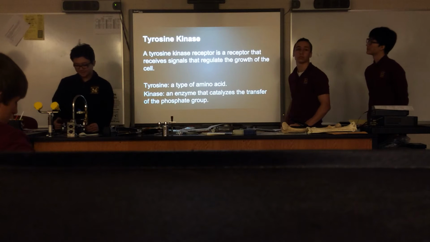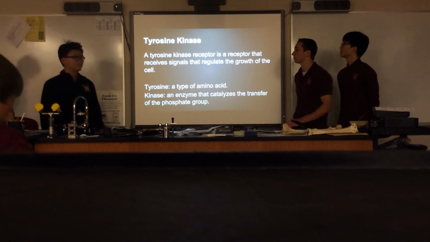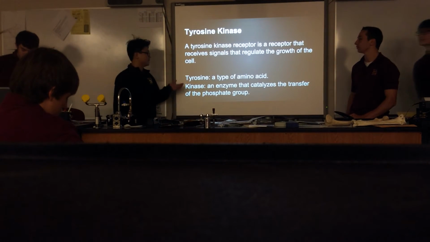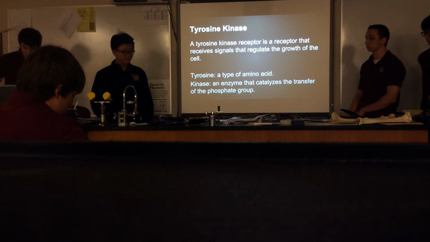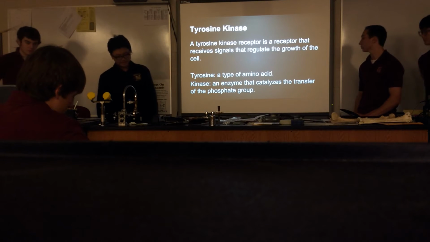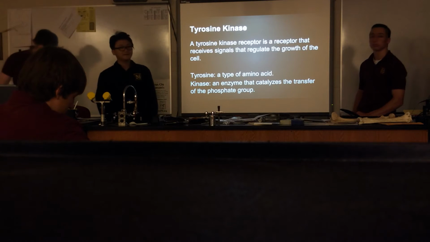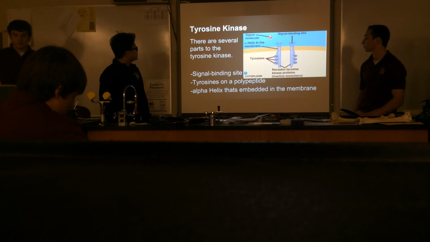A tyrosine kinase receptor is a receptor that receives signals that regulate growth of the cell. Tyrosine is a type of amino acid that's on the tyrosine kinase, and kinase is an enzyme that catalyzes the transfer of a phosphate group. And this is a process.